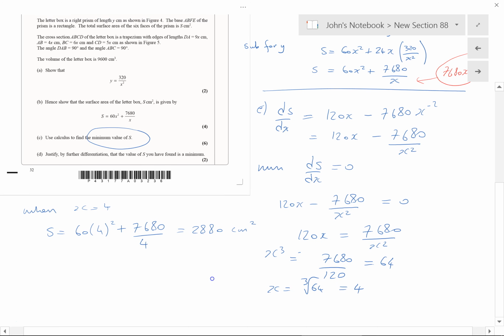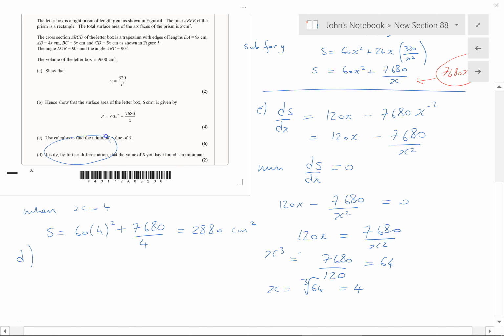Okay, and we're nearly done. It says justified by further differentiation. It doesn't want us to do it any other way because there are other things here, but it says by further differentiation. So we need to work d2s by dx squared out.